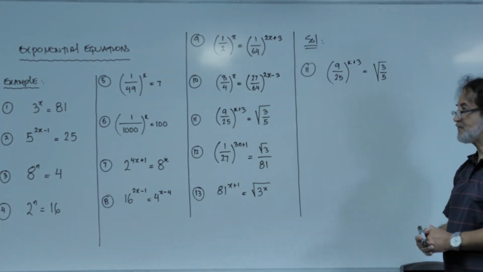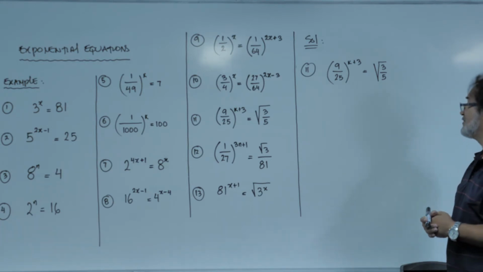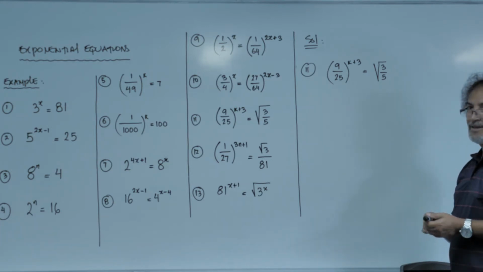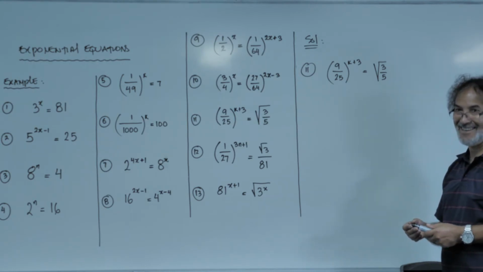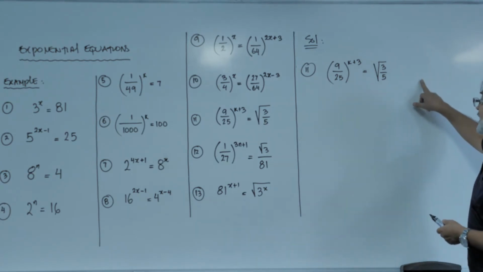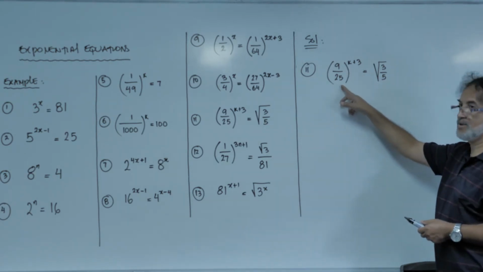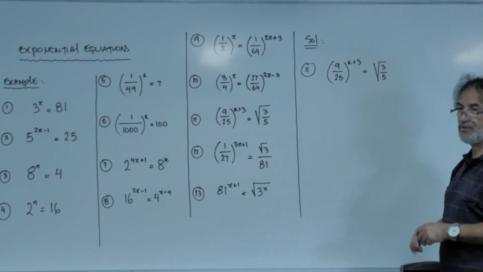Right. So I have a smidgen of idea on what we have to do. If I remember correctly. Okay, so we have 9 on 25 to the power of k plus 3 is equal to the square root of 3 over 5.